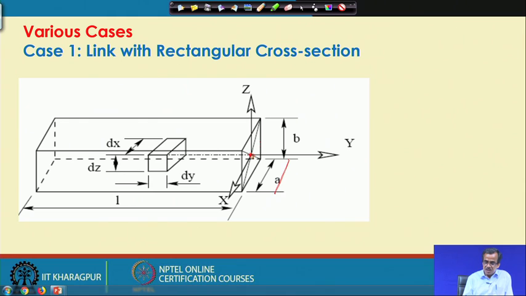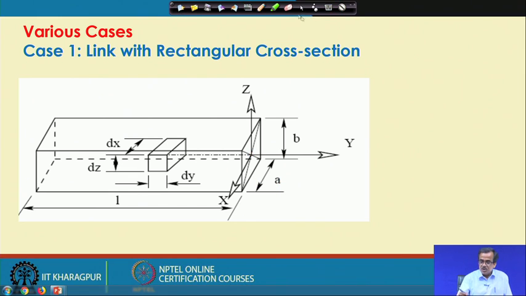The coordinate system is here, which corresponds to 0 value of y, and this particular part is negative. So the range for y is from minus L to 0, and for z, along the z direction, the total dimension is b, so from minus b by 2 to plus b by 2.